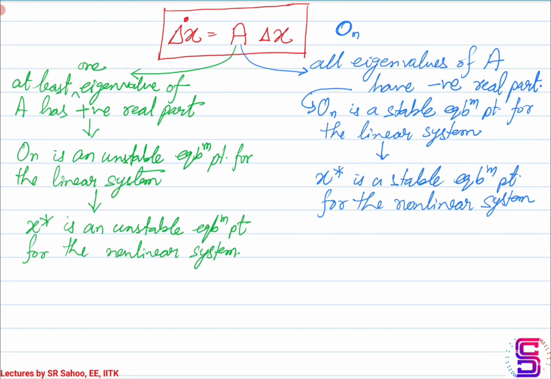Okay, now in case of a two-dimensional system, let's say that the system under consideration is x dot equal to f of x, and the linearized version that we get here is of this form.